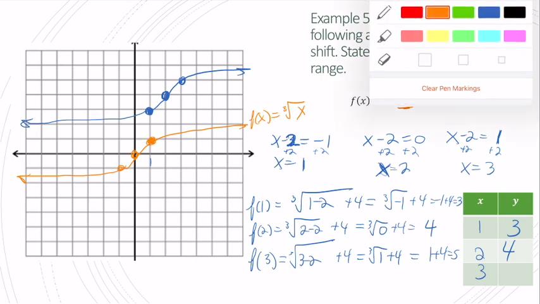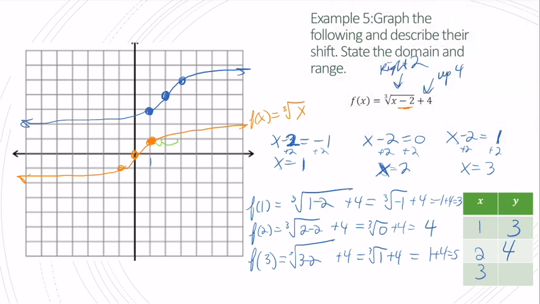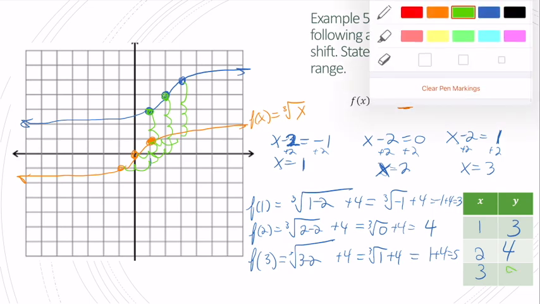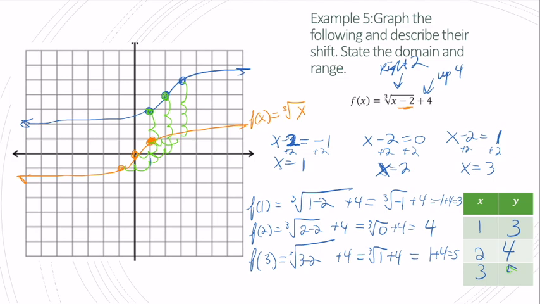I'm going to shift it right 2, up 4, right 2, up 4, right 2, up 4. So you get to decide how you want to graph these, be it by finding those ordered pairs or by graphing the shift. I find it easier to graph the shift. Because this is a cube root function, my domain is all real numbers and my range is also all real numbers.